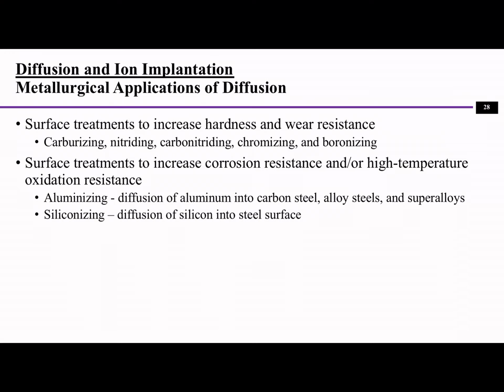These are all diffusion processes. There are also surface treatments to increase the corrosion resistance and high temperature oxidation resistance. This includes aluminizing and siliconizing, right? Aluminizing is to diffuse aluminum into carbon steel, alloy steels or superalloys, while siliconizing means diffusion of silicon into the steel surface.